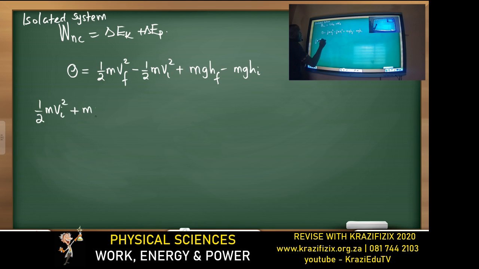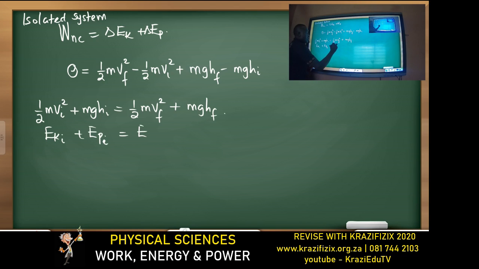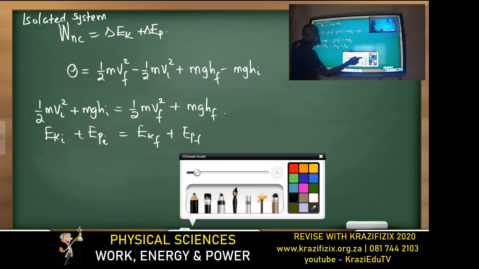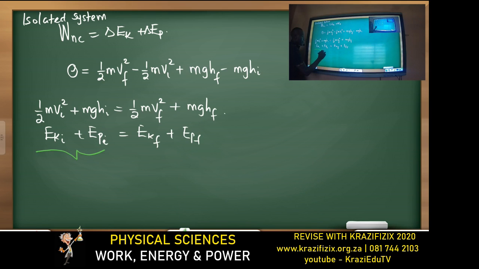If I decide to move all the initials to one side and all the finals to the other side, what would you notice here? This is EK initial plus EP initial, and this is EK final plus EP final. And this is the definition of mechanical energy, the sum of kinetic plus potential.